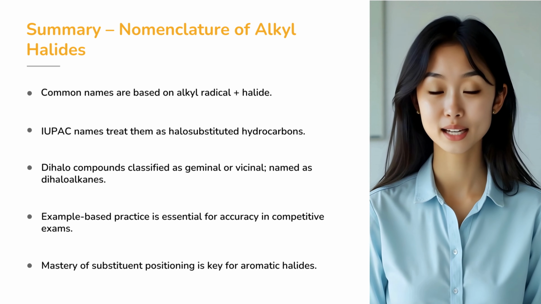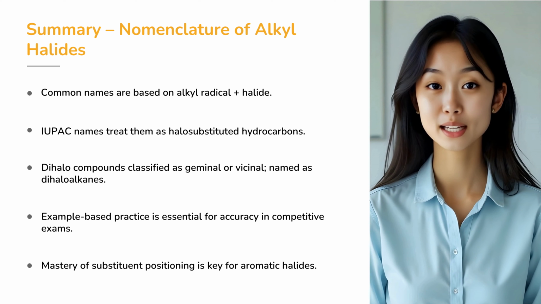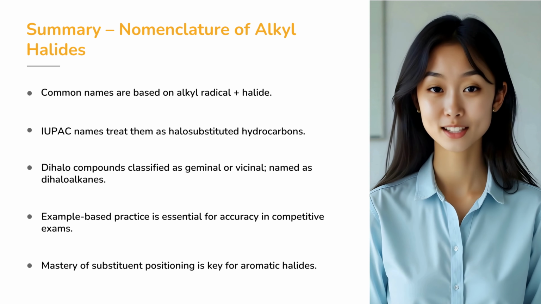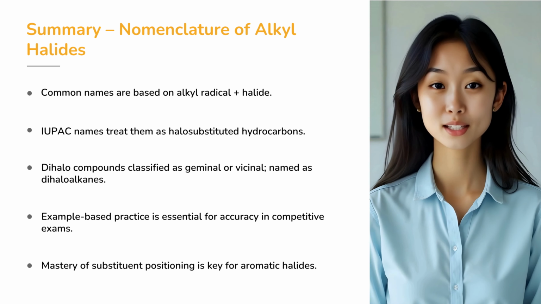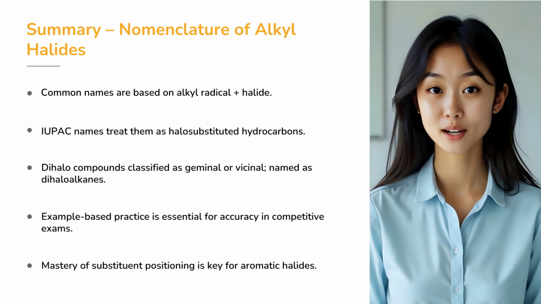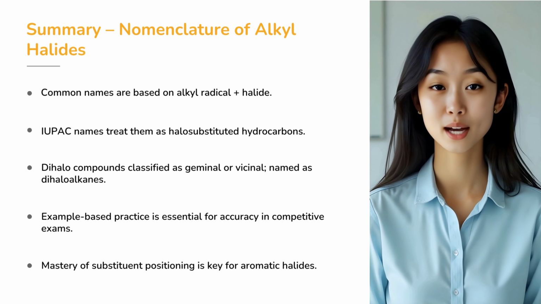We practiced with the 8 isomers of C5H11Br, learning how to systematically name and classify them. Finally, we saw how aromatic halides use ortho, meta, para in common naming, but numerical locants in IUPAC.